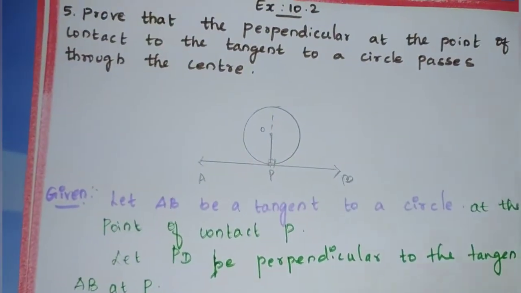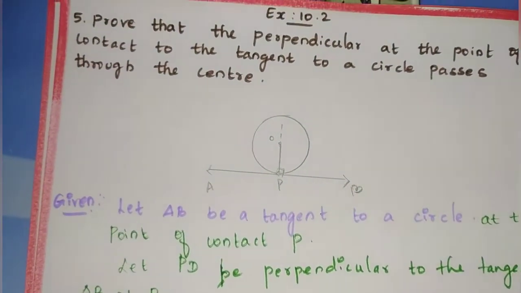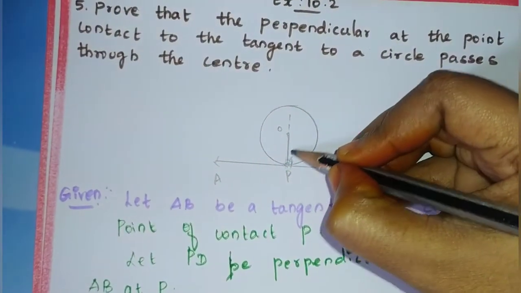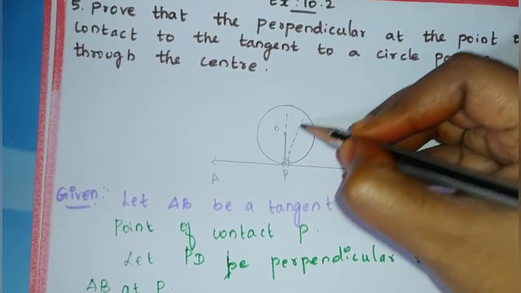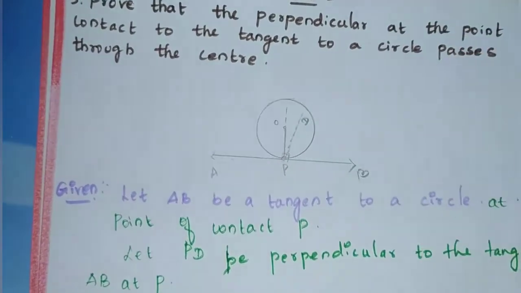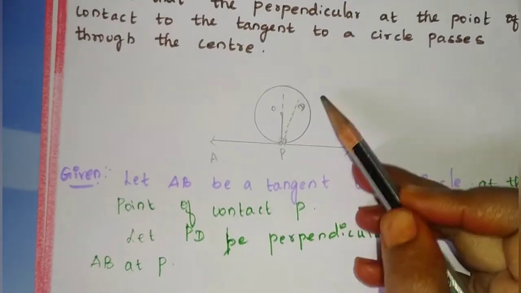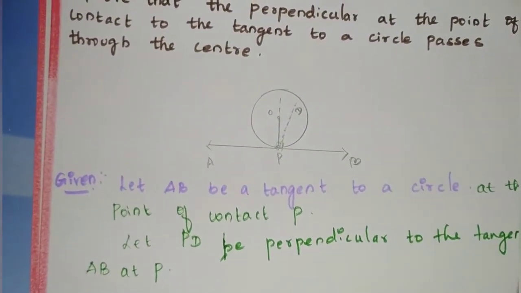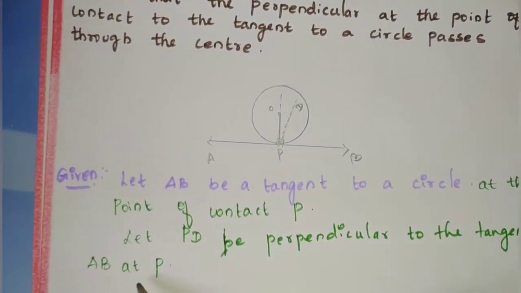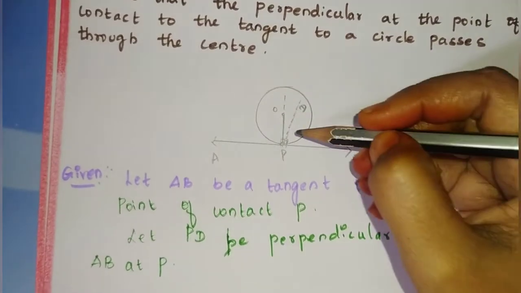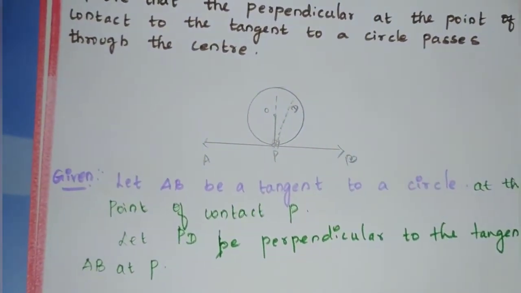PD is perpendicular to the tangent AB at P.